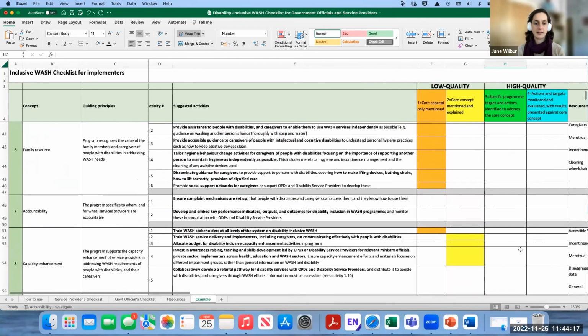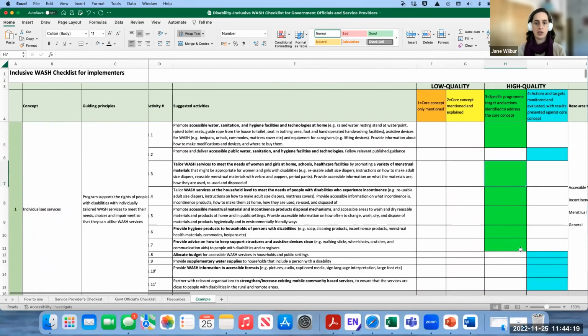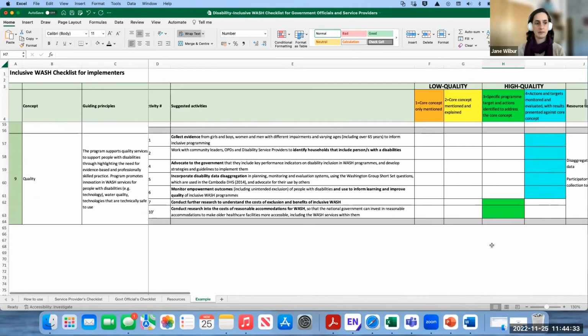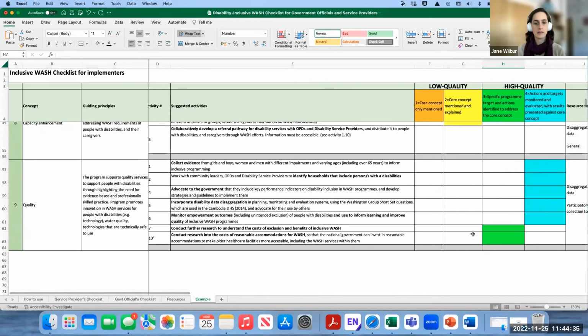Now the completed example of the document shows that the individualized services concept scores highly, as does quality down the bottom. So activities related to these concepts are likely to result in disability inclusion.